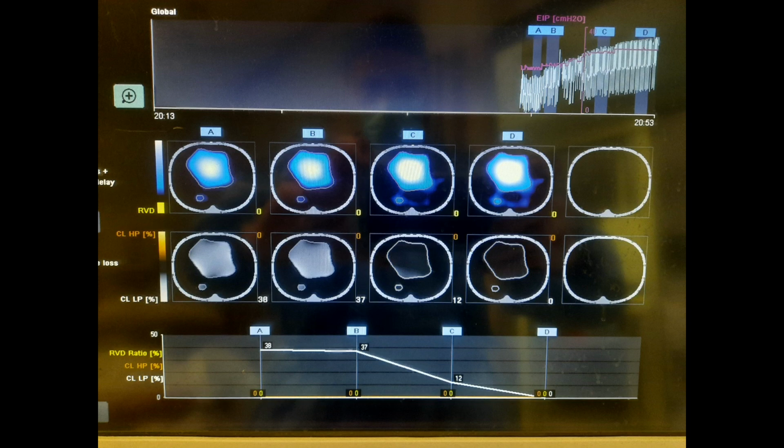We see the gray region that has a significant percentage of compliance loss, and it's gray, indicating that the lung is not being overdistended, but is underinflated and at risk of atelectasis. We see that this is corrected as we reach 28 and 30.